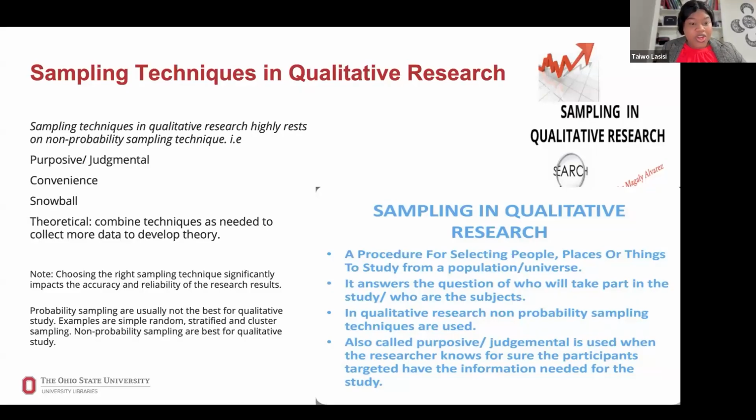They keep referring you until you get to a state of saturation, where you're content and you've had your desired results. Your sampling technique can have a high impact on the results you get, because the quality of the people you interview or observe has a great impact on the outcome of your research.